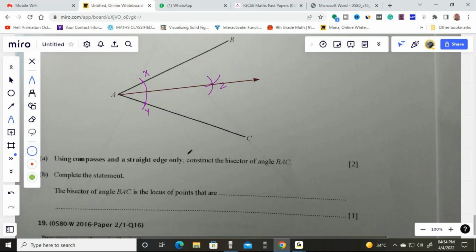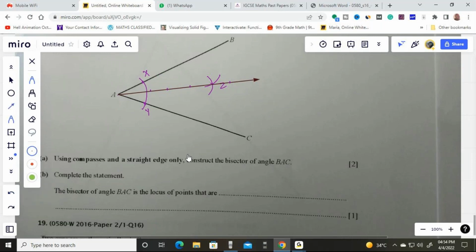Now, what exactly is this telling you? It says that for all the points which are lying on this bisector, if you try to measure the perpendicular distance of this point from AB and BC, if you pick up this point for example, and maintain a perpendicular distance, let me draw it by proper line.